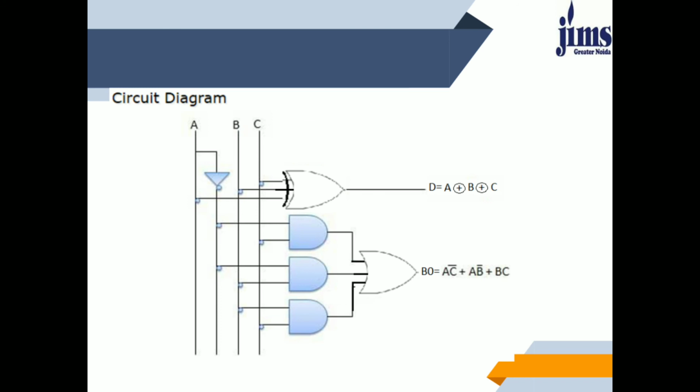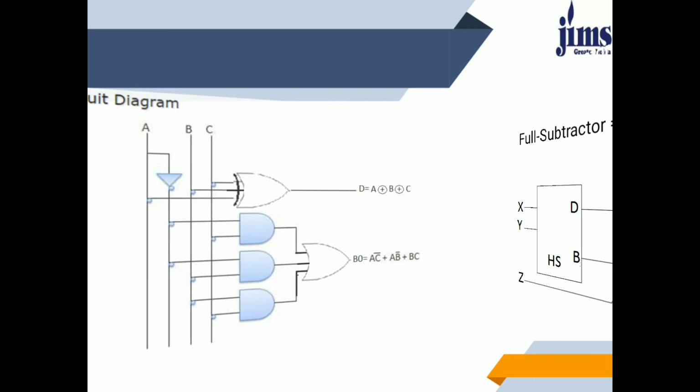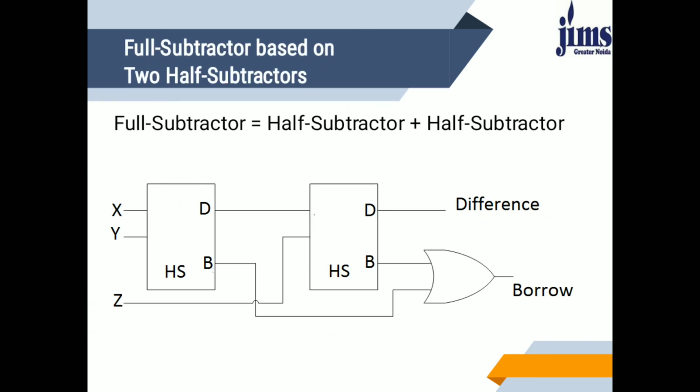As we did in the last section, a full adder can be implemented using 2 half adders and 1 OR gate. Just like that, we can implement a full subtractor from half subtractors also. How? See, here I have made a block diagram for implementing a full subtractor using half subtractors. 2 half subtractors are used here.